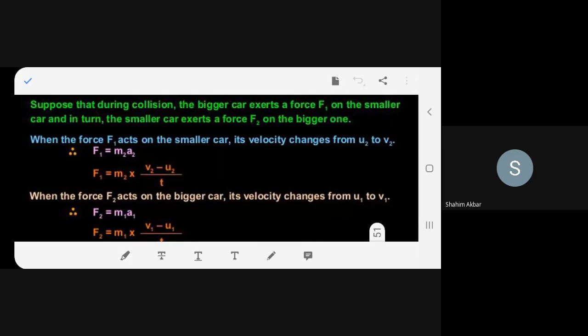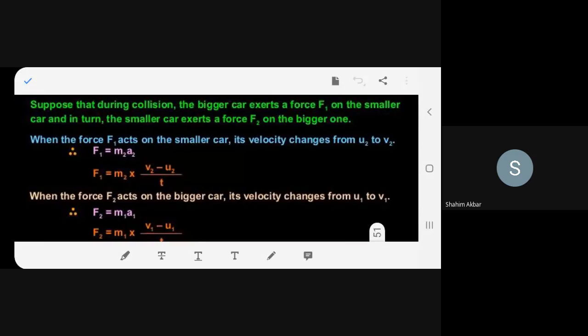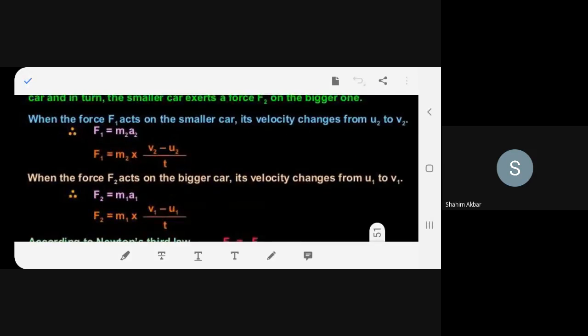So now we are talking about force F1, which is acting on the smaller car from the bigger car, that is m2a2. So F1 is equal to m2, and what is acceleration? Change in velocity, so it is (v2 minus u2) upon t.